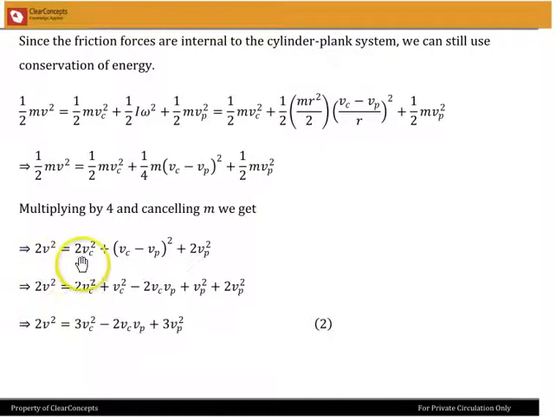We get 2v squared is equal to 2Vc squared plus (Vc minus Vp) whole squared plus 2Vp squared. That gives us 2v squared equal to 2Vc squared plus Vc squared minus 2VcVp plus Vp squared plus 2Vp squared. And finally we get 2v squared is equal to 3Vc squared minus 2VcVp plus 3Vp squared. That's our equation number 2.